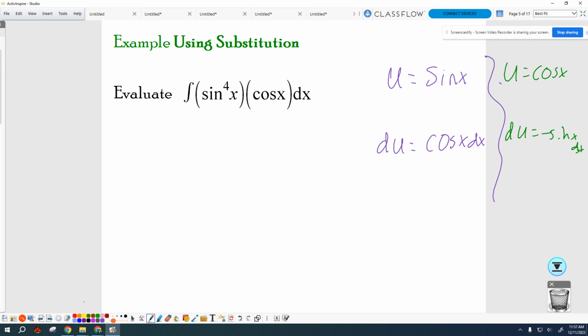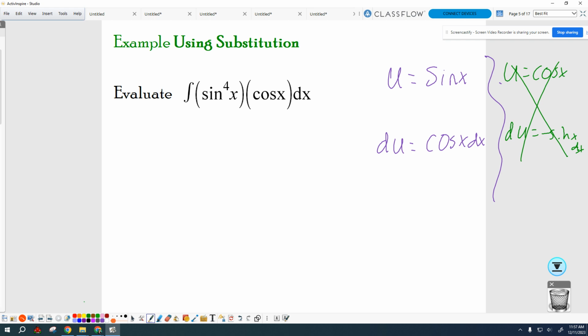If we were to translate this with the u value being cosine, then negative sine dx, like now I've got lots of problems because I can't have du to the fourth, that's not gonna work. And it'll show up pretty quickly if you had chosen poorly what your u value should be.